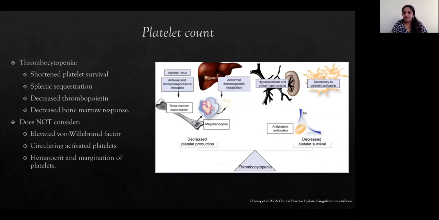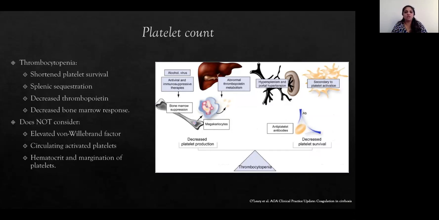Then that brings us next to the other test that we very commonly obtain and monitor, and that's the platelet counts. Platelet counts can be low in liver disease due to a multitude of factors. It can be because the platelets die earlier due to the inflammatory response. It can be due to splenic sequestration.